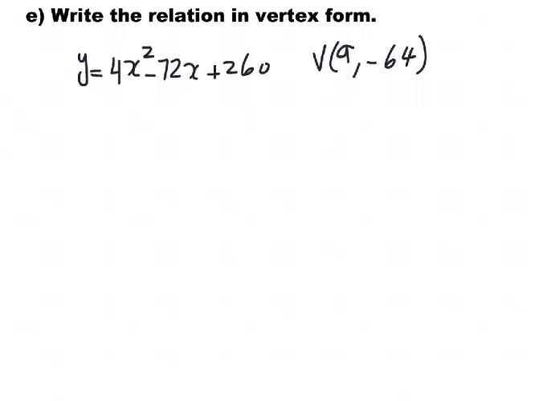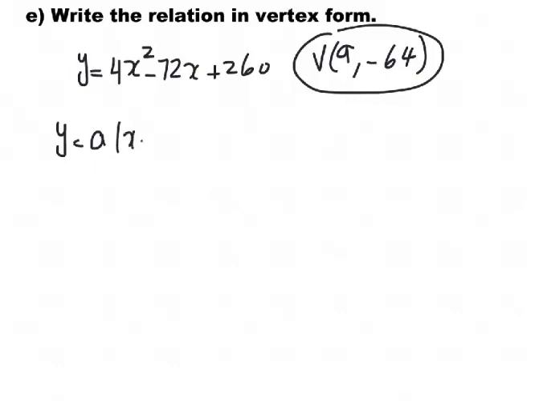The next part of the question says write the relation in vertex form. I know the vertex is 9 and negative 64, so I'm going to use the general vertex form of a quadratic, a times x minus h squared plus k.